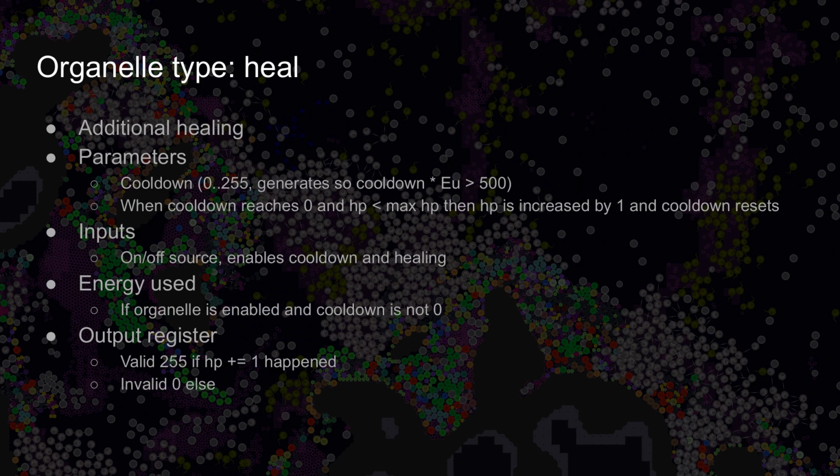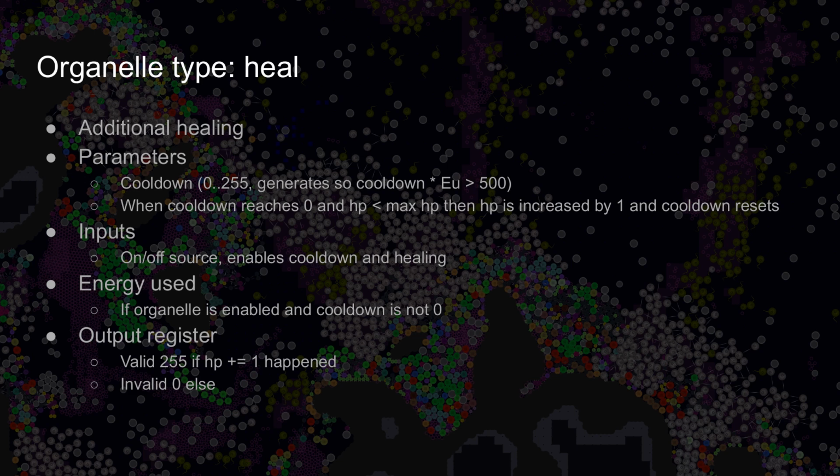The next organelle type is heal, which provides additional healing on top of the one automatically happening every 100 game ticks. It has a cooldown parameter that describes how many game ticks it takes between heals. Internally, the organelle counts down, and when it reaches 0, it is ready for a heal event. It will heal if the hit points of the cell is less than maximum.